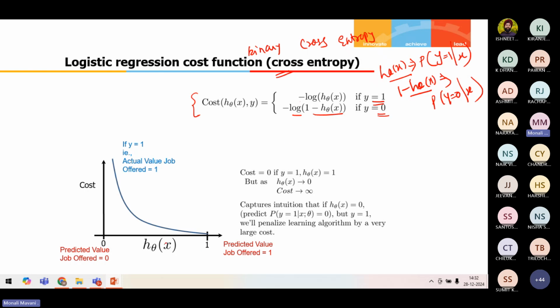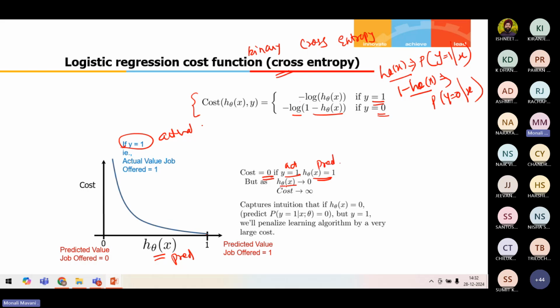Let's understand this cost function first for y equal to 1. When the actual y is 1 and h of theta x, the predicted value, approaches 1, the cost becomes almost 0. So when the actual is 1 and the model is also predicting 1, the cost is 0.